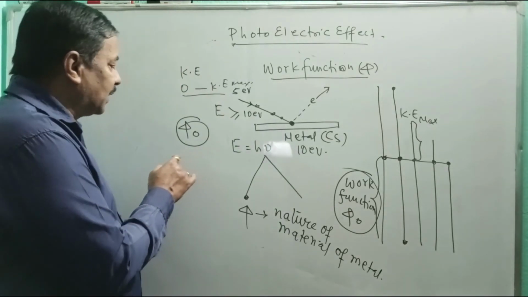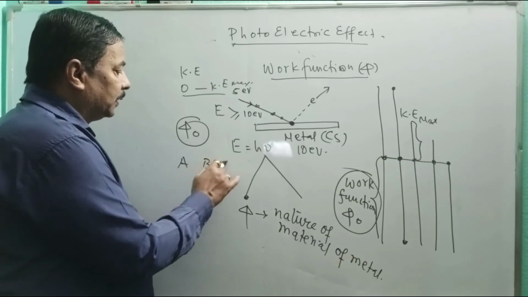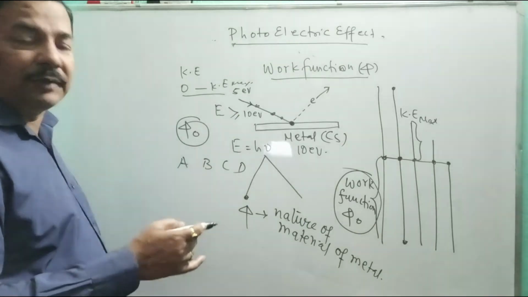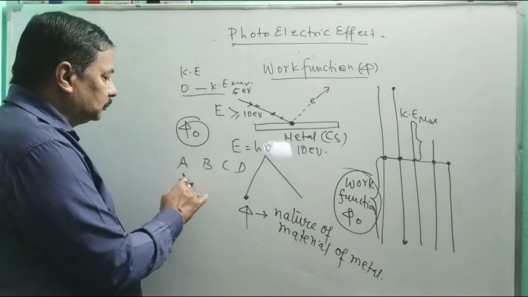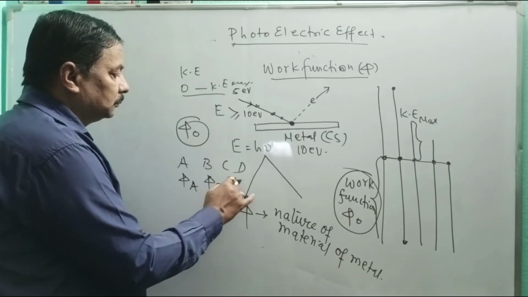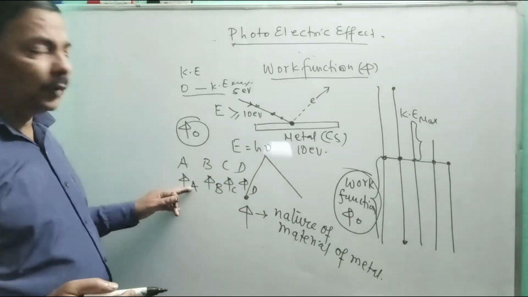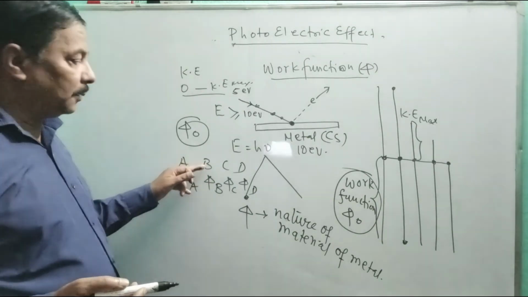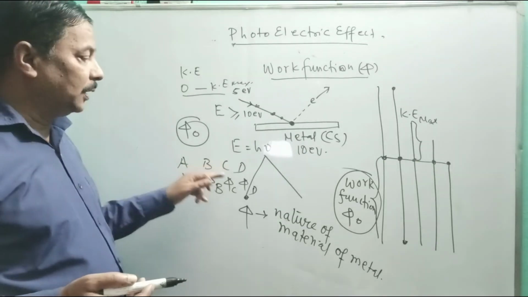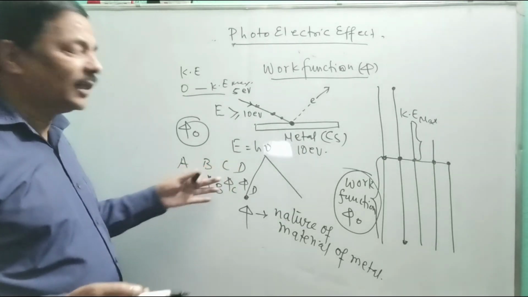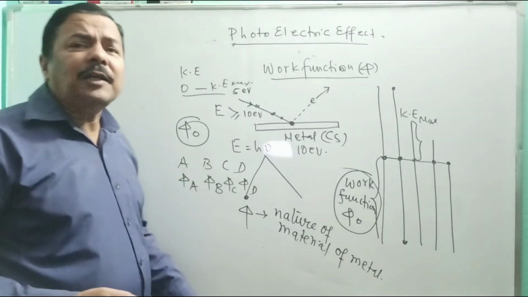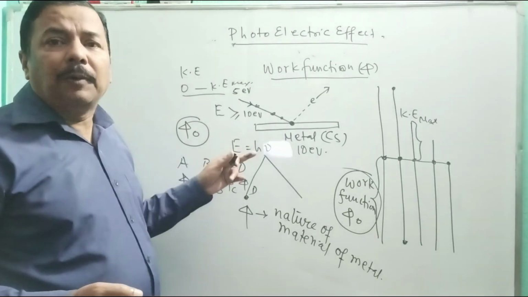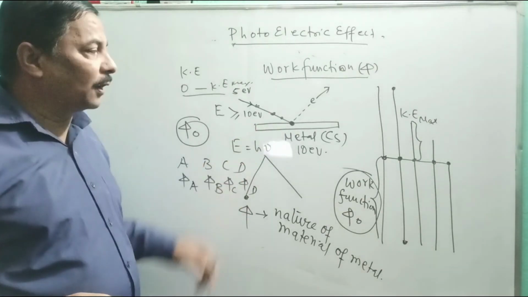If different metals are there, A, B, C, D, then different metals have different work functions, and we can say phi A is the work function for metal A, phi B for metal B, phi C for metal C, phi D for metal D, like that only. So work function is that minimum amount of energy which is required to make the electron capable of leaving the metal surface.